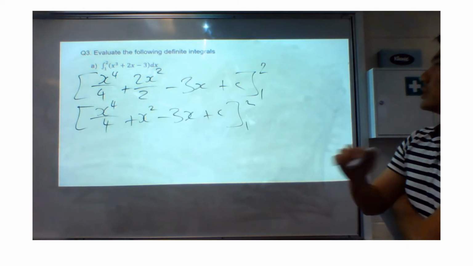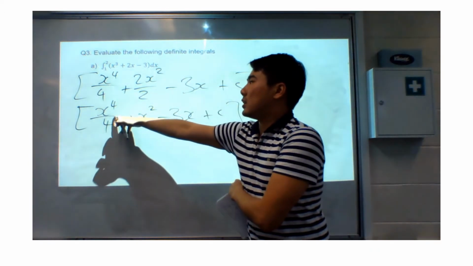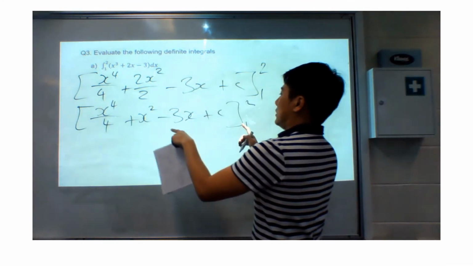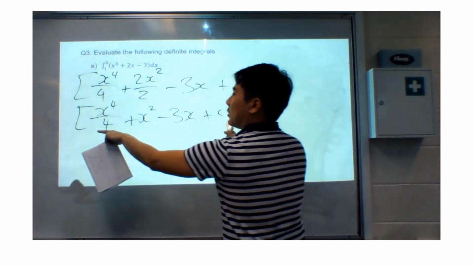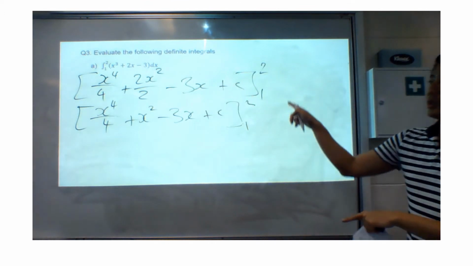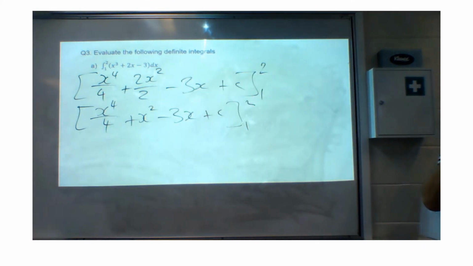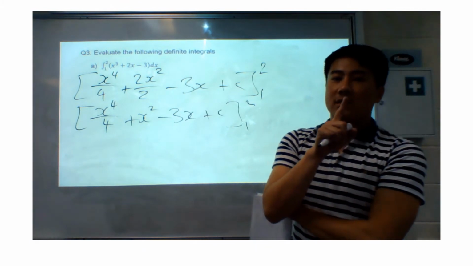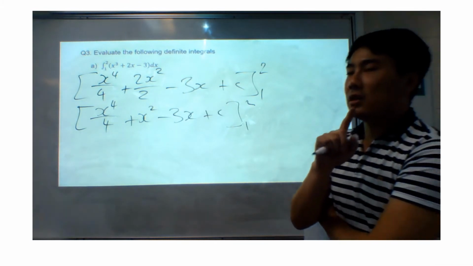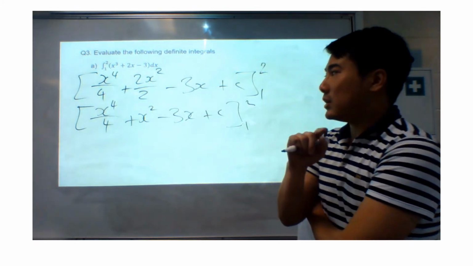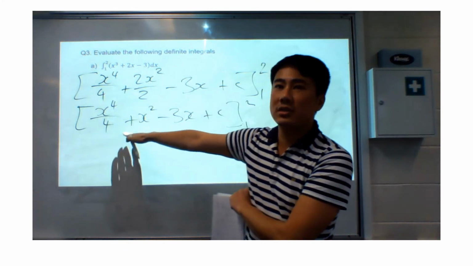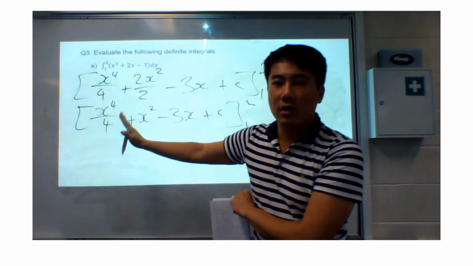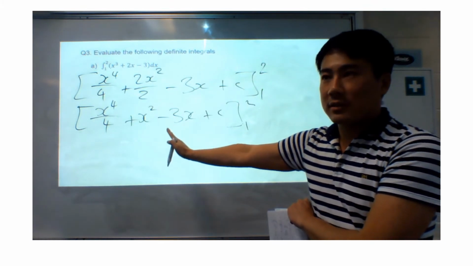What you need to do is sub in the 2 into x. Then you need to take away this whole thing when you sub 1 into x. Because this is in the non-calculator part of the exam, a lot of you are losing silly points because you can't do these super simple calculations. Make sure you don't make these silly mistakes.